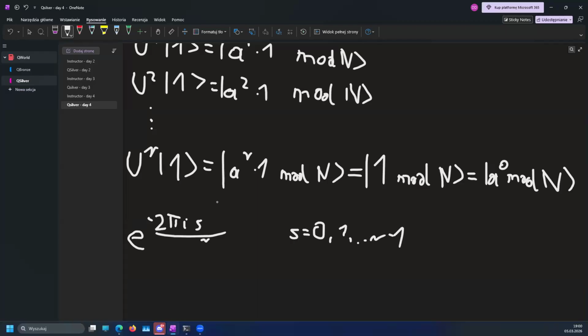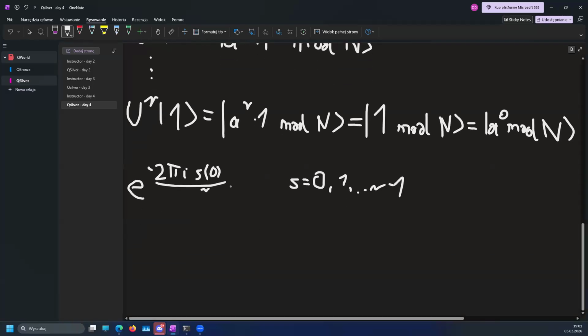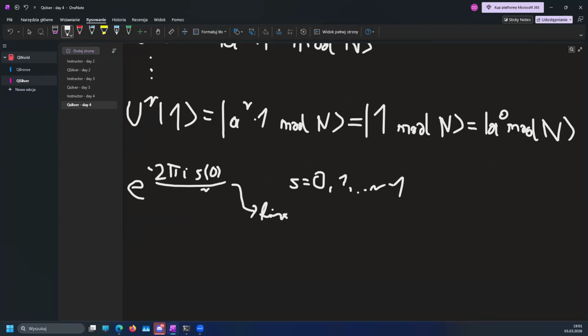And so I write it maybe this way here, like for the first element. So I would like the first coefficient.